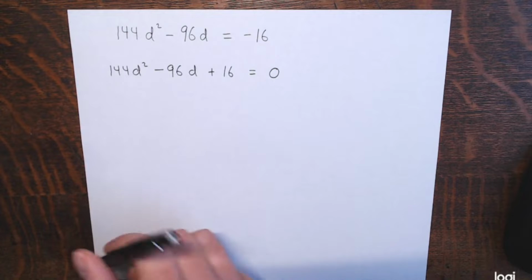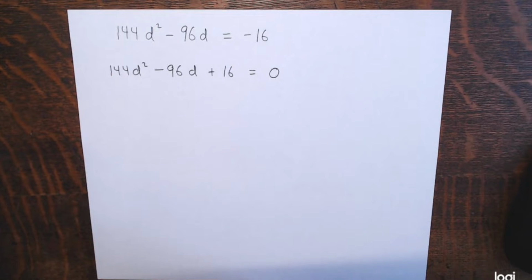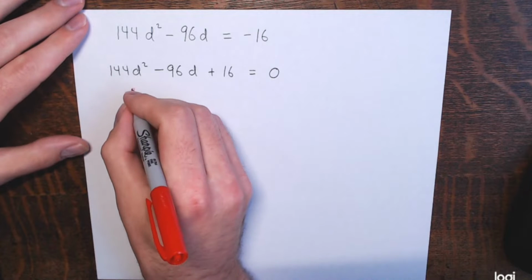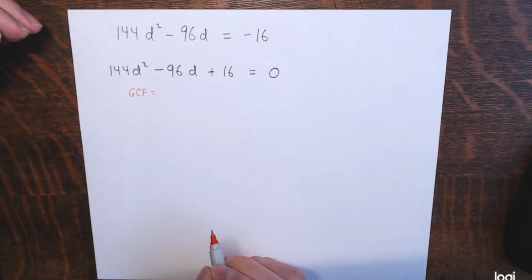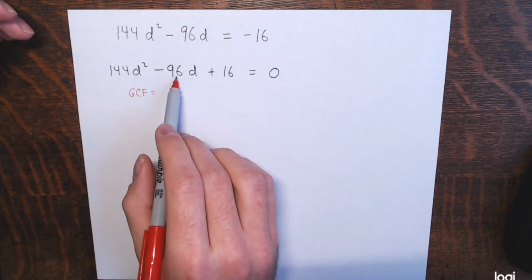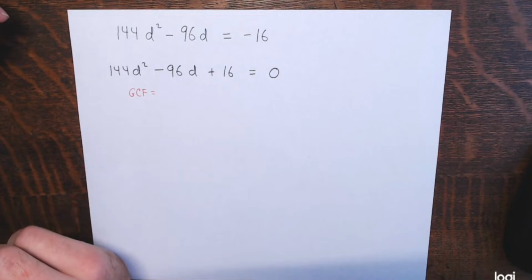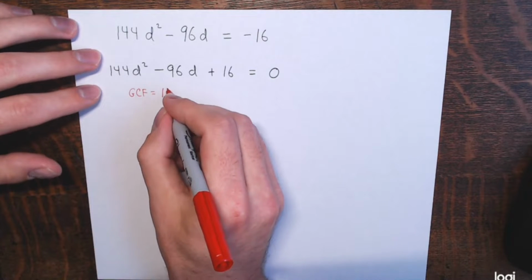And then you start factoring this polynomial. Now remember, the first step in factoring is pull out the greatest common factor, right? So far there hasn't been a common factor other than 1. But now in this problem, all the coefficients are a multiple of 16. The greatest common factor is 16. So I'm going to pull that out.